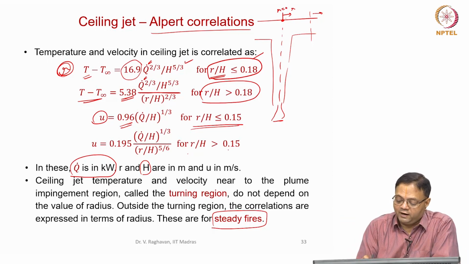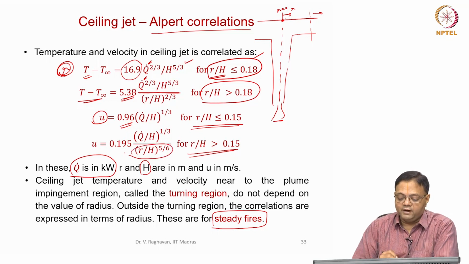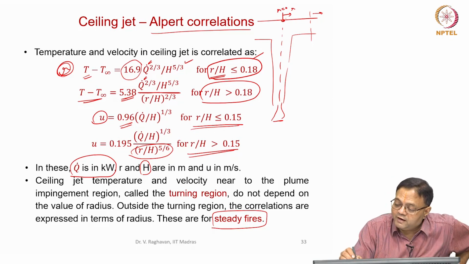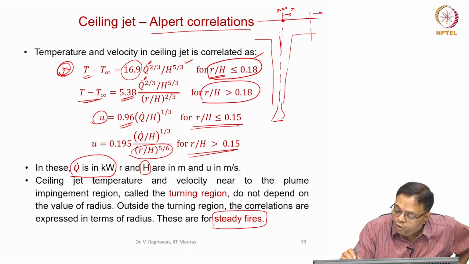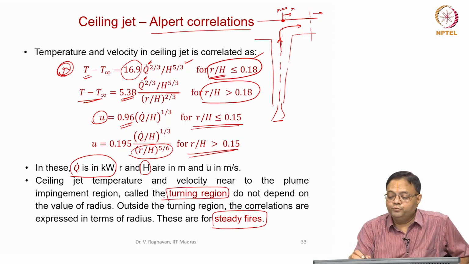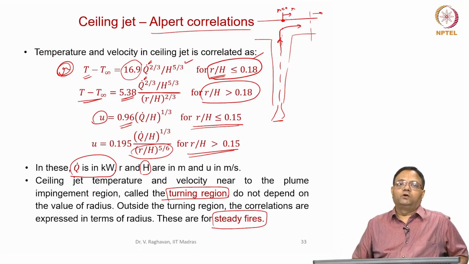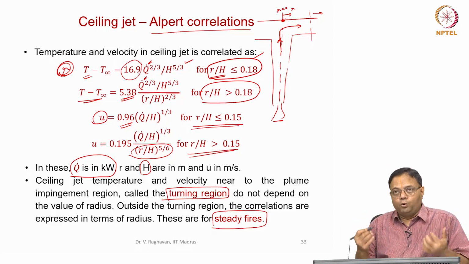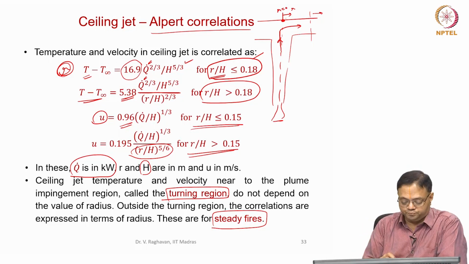When you go to higher radius, r greater than 0.15 H, you see that the radius is affecting it. Now, the region where impinging occurs and the flow turns is called the turning region. The radius up to which this influence exists is r by H less than or equal to 0.15 or 0.18. That means the influence of the plume is still seen in that region.